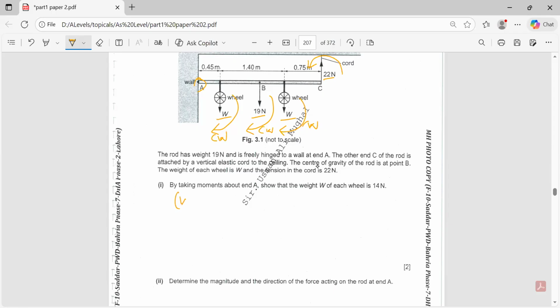So this will be weight W multiplied by the whole distance till pivot, which will be equal to 1.85. Why is it 1.85? Because the distance from here till here will be 1.85. Plus the next force, which is 19, multiplied by the distance from here till here.